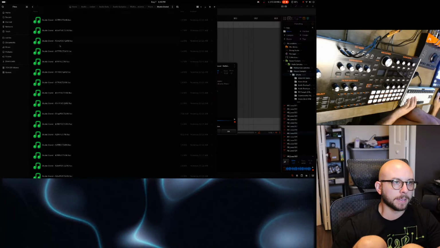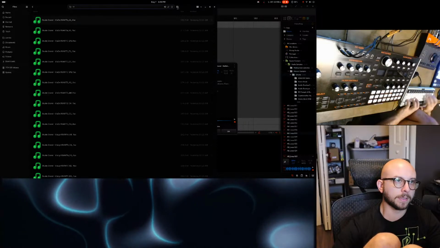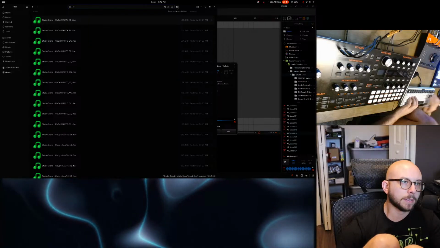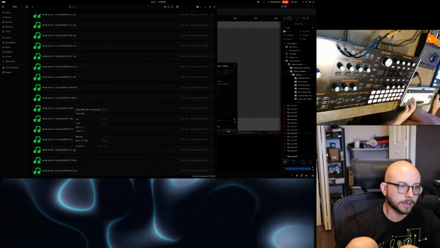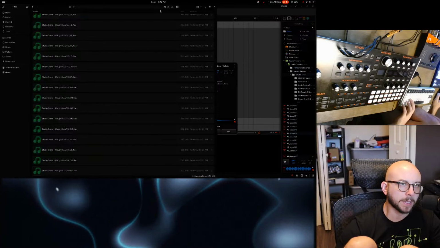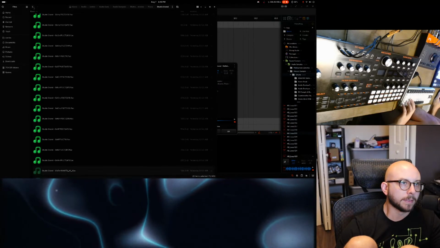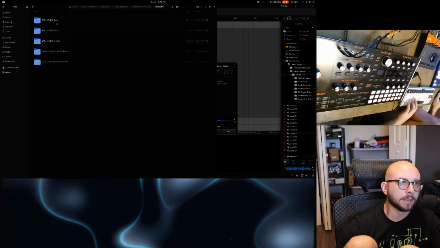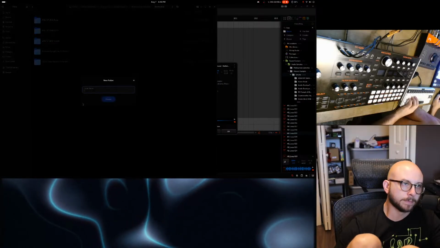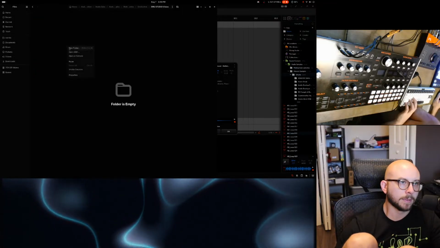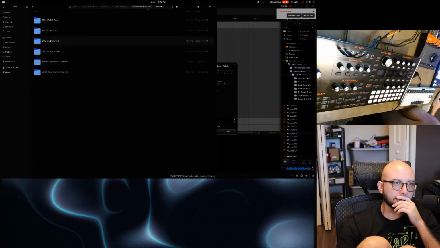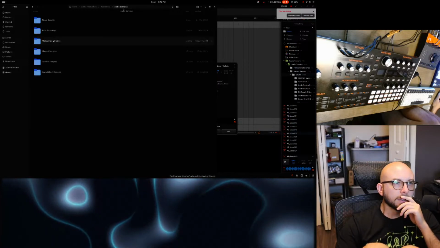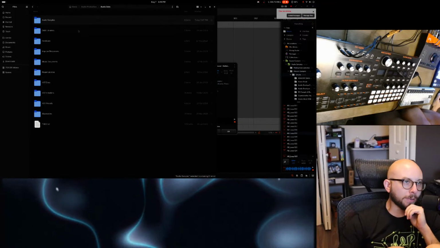And last but not least, violas. I'm assuming they're violas. I might be wrong. Paste. All right. So that's those. That's cleaned up. So only like a few thousand left to go.